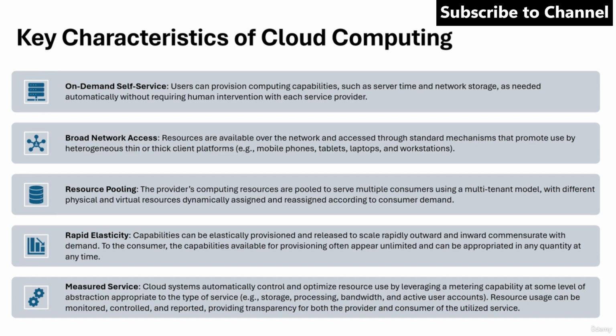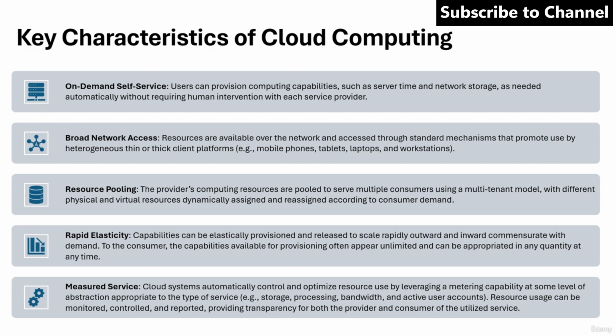Broad network access means resources are available over the network and accessed through standard mechanisms that promote the use of heterogeneous thin or thick client platforms. So this is another form of cloud computing where resources are available over the network and accessed through mobiles, tablets, or workstations.